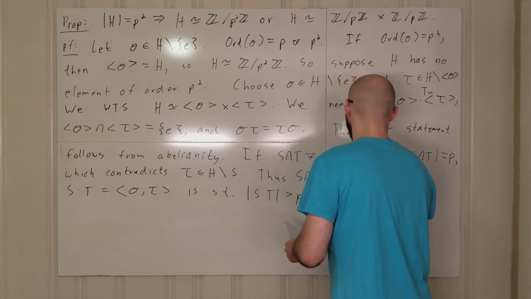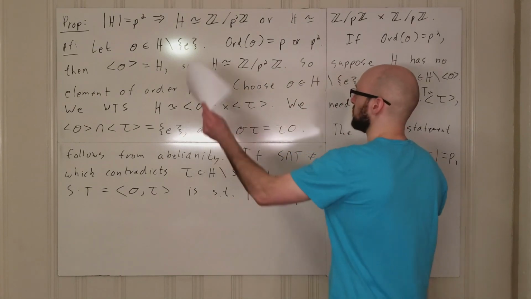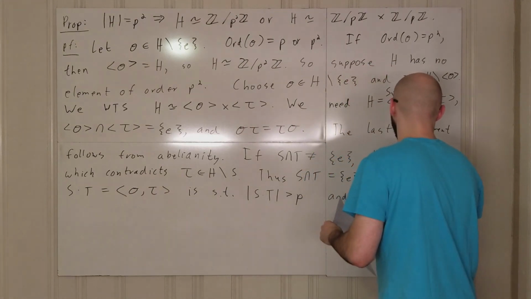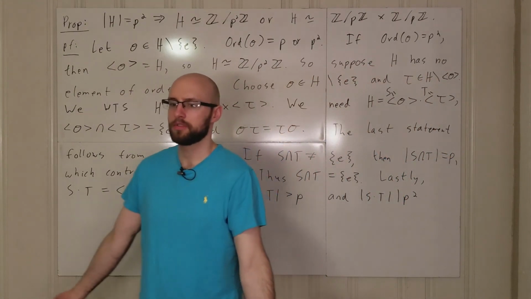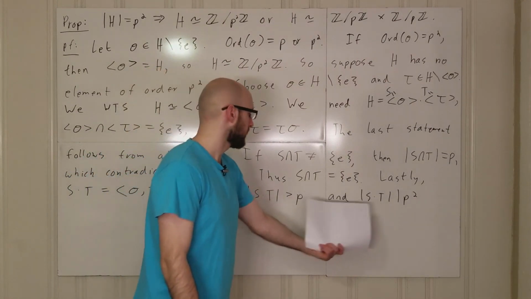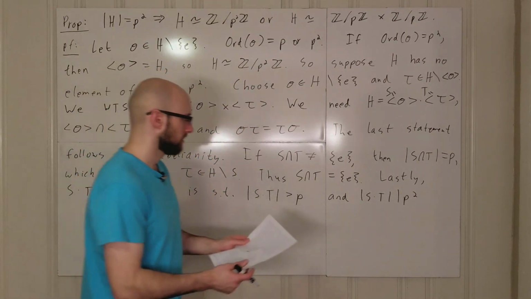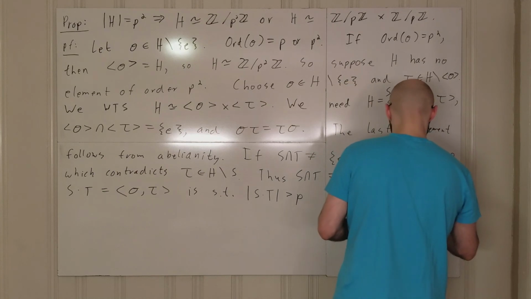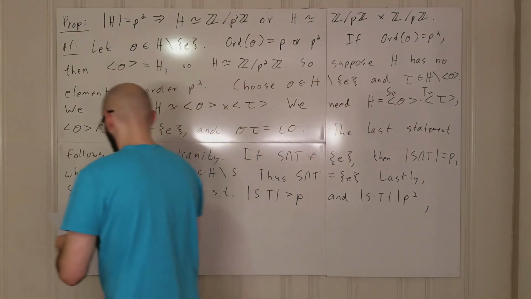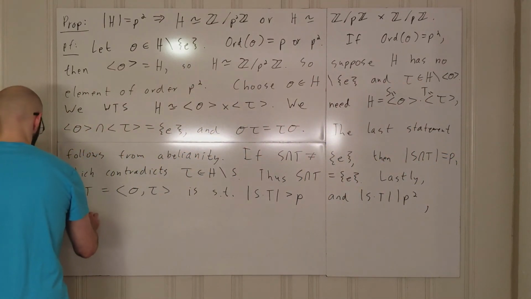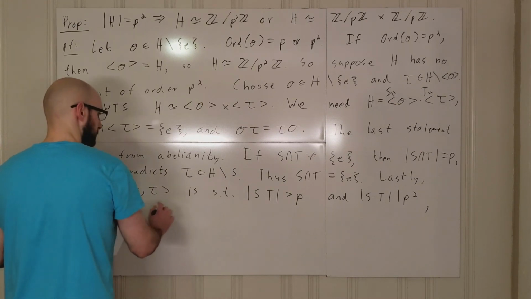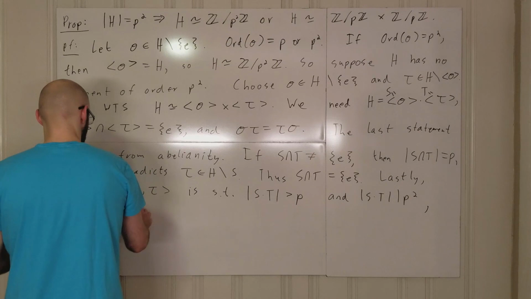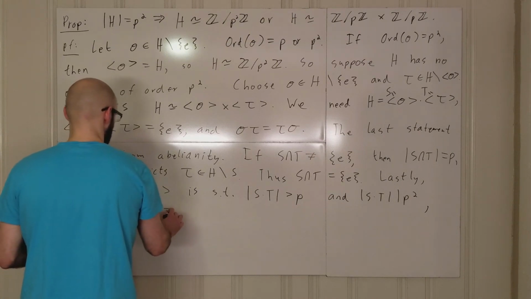And because it's a subgroup of H, which is size P squared, its order must divide P squared. Okay, so what numbers divide P squared and are greater than P? Well, P squared. And so S times T must equal H.